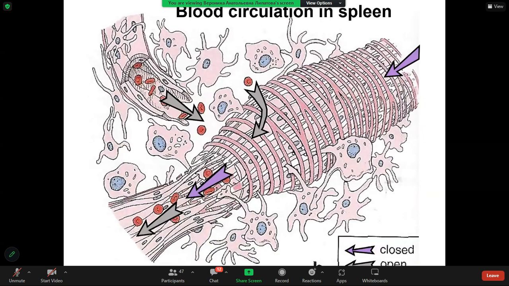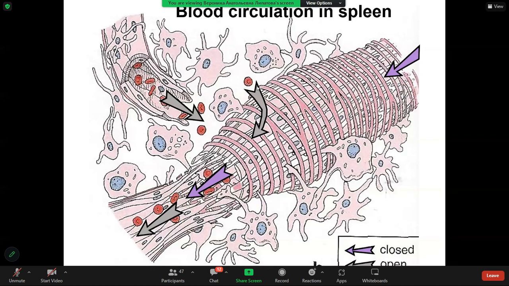This picture illustrates the same. This is closed circulation within the sinusoids. Open, from the lumen into stroma, and from stroma back to the lumen of the sinusoid.